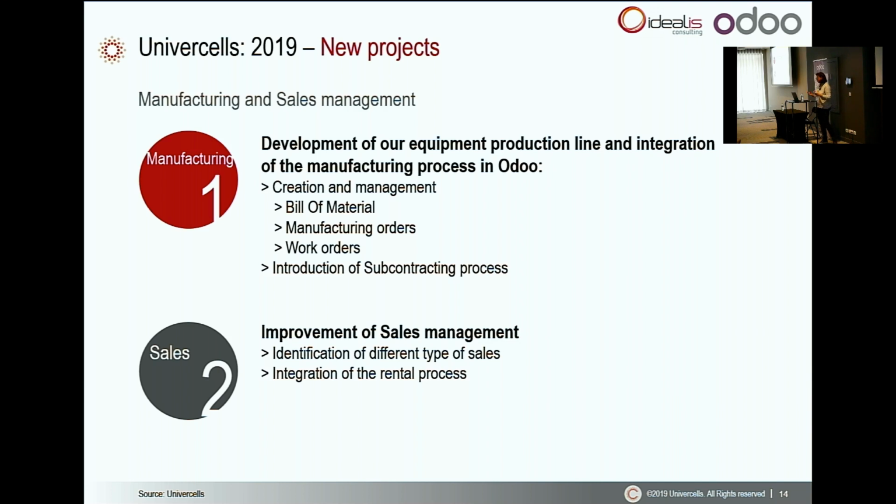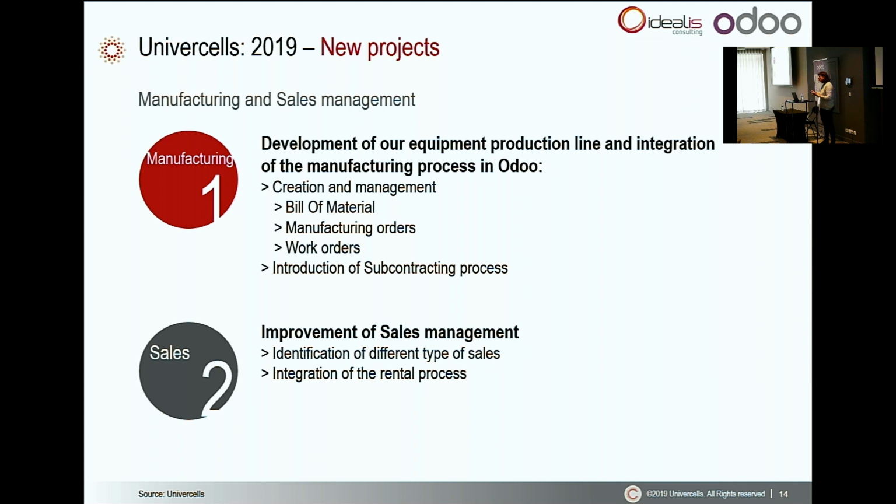We built lines of production for the small unit I explained in the beginning, and we need to manage work orders, bills of material, manufacturing orders, and it's the project which is for the moment running in the company. And we also introduced the subcontracting process.